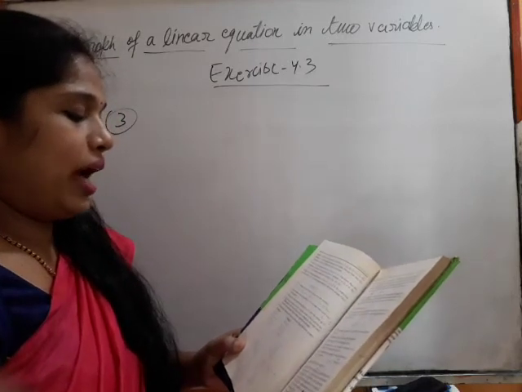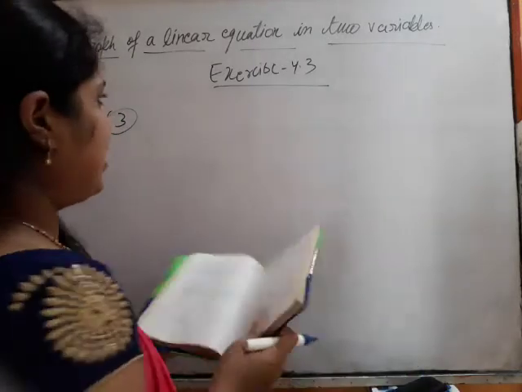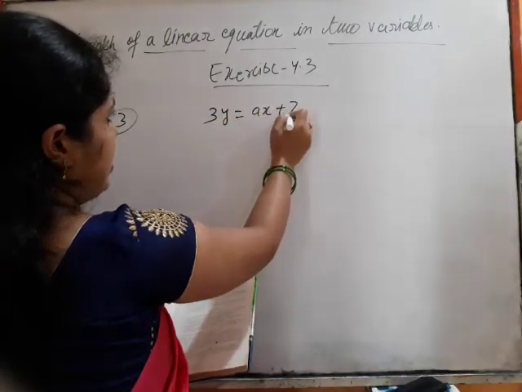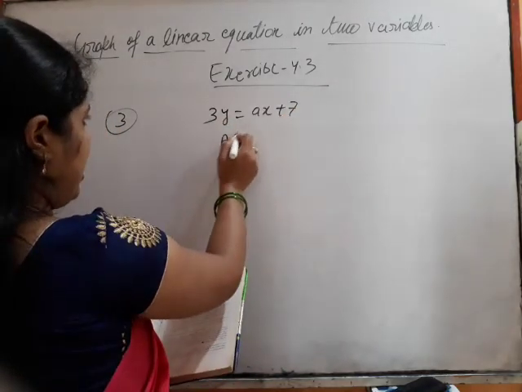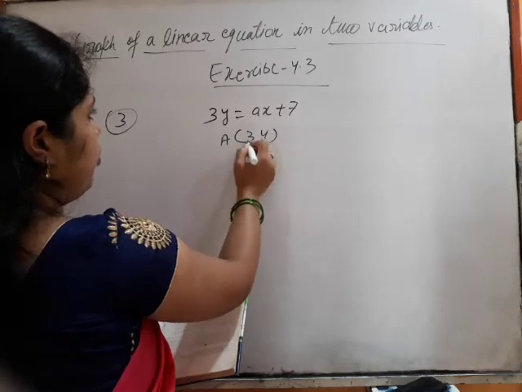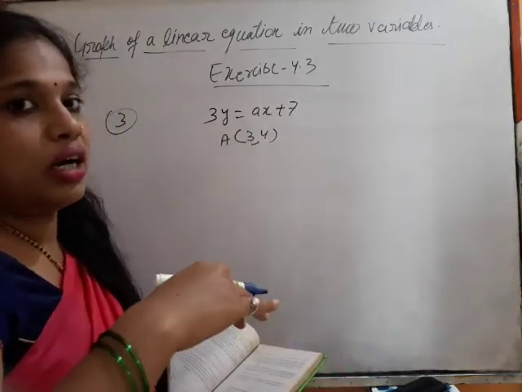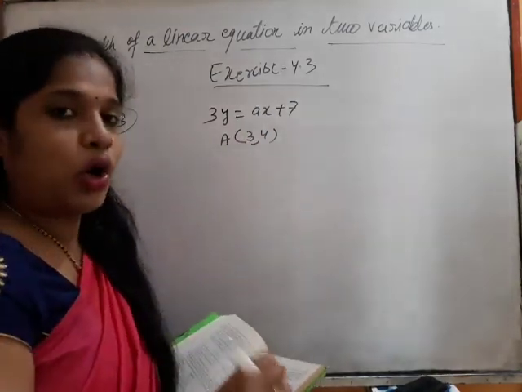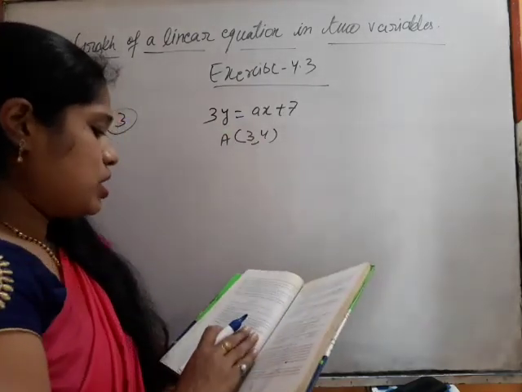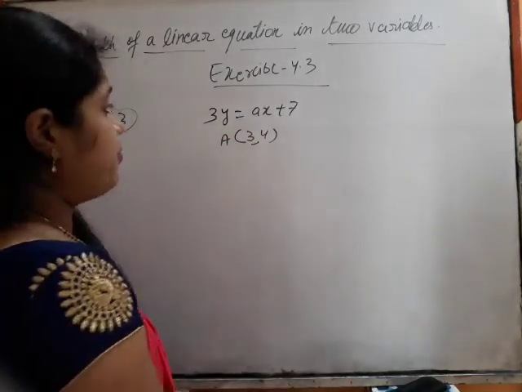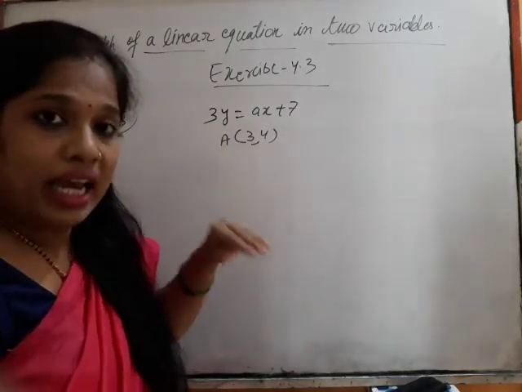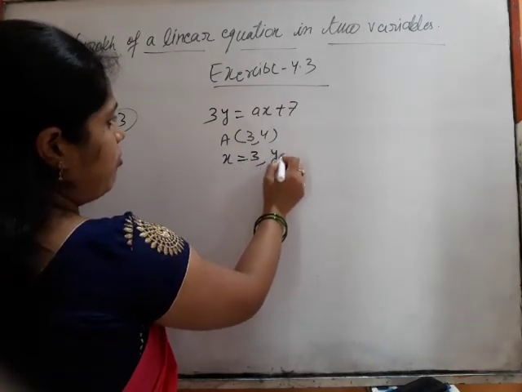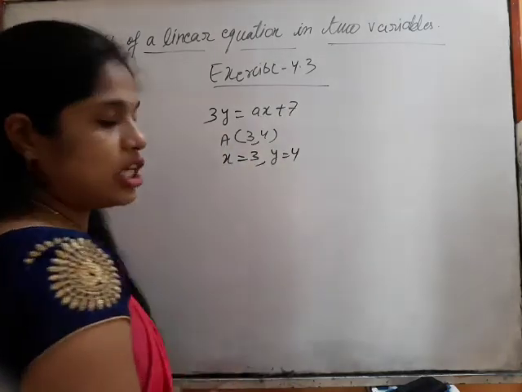If the point (3, 4) lies on the graph of the equation 3y equals ax plus 7, find the value of a. If this point is lying on the line of this equation, that means x will be 3 and y will be 4, which will satisfy this equation.